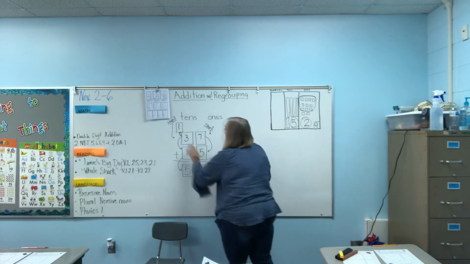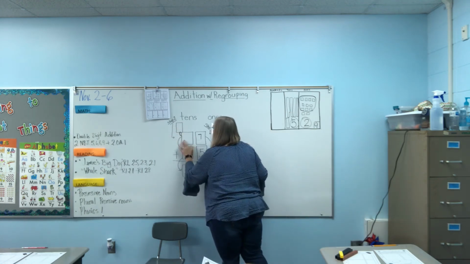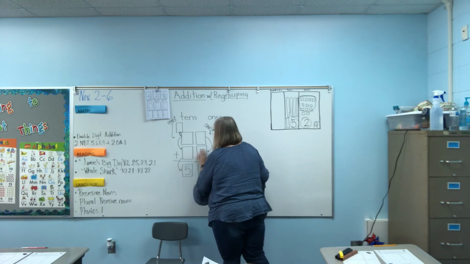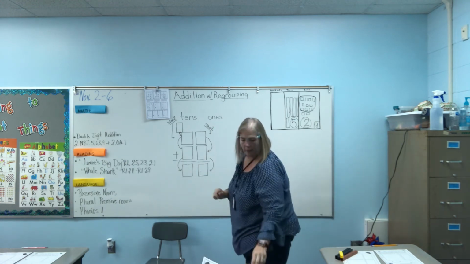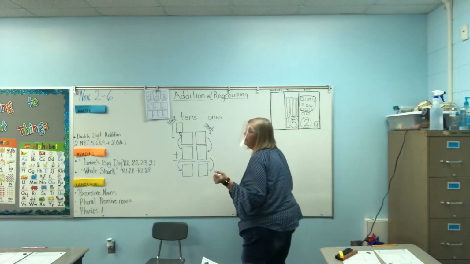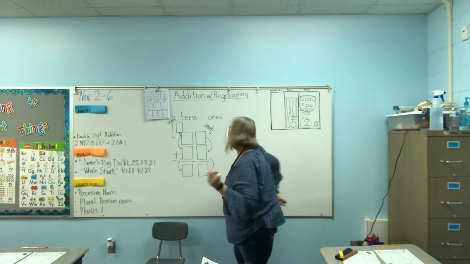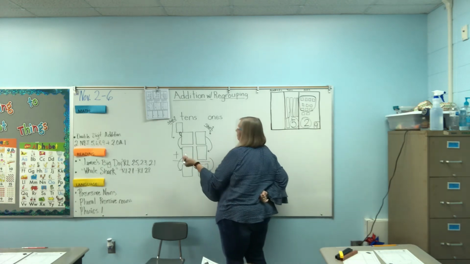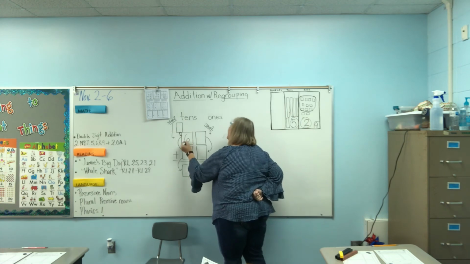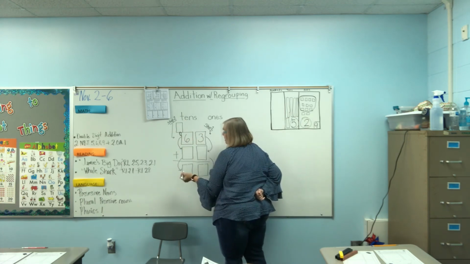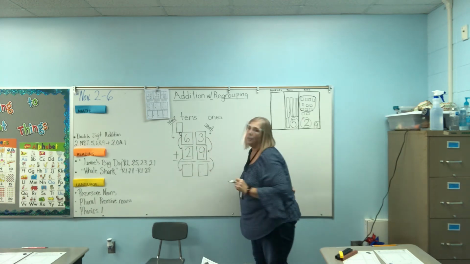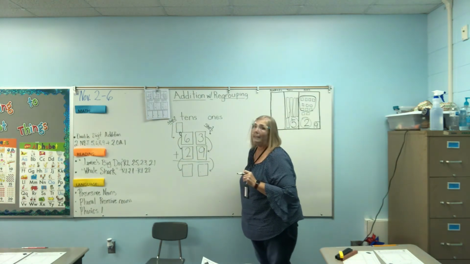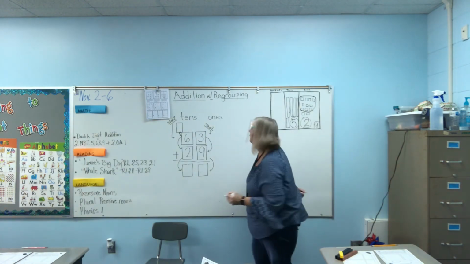All right, here we go. Use your whiteboard and your dry erase marker to write this problem down. We have 63 plus 29. Step 1, here we go.